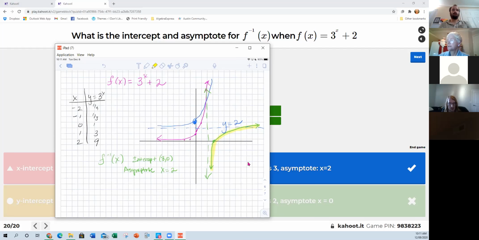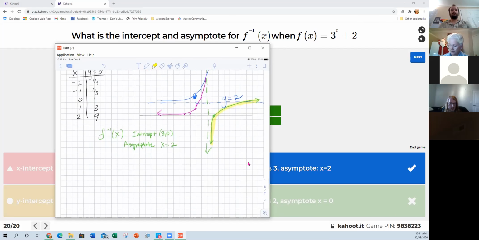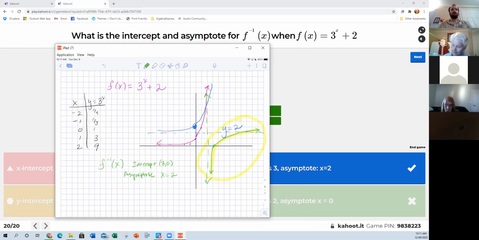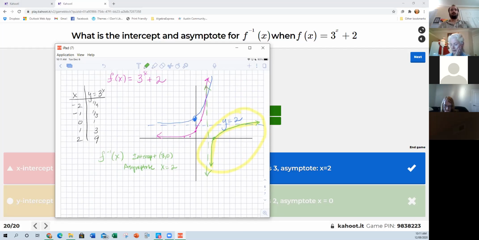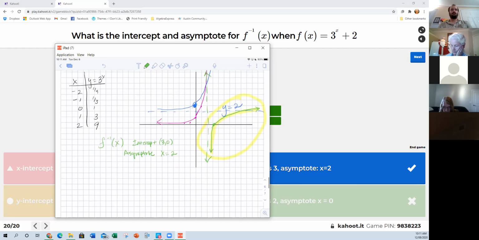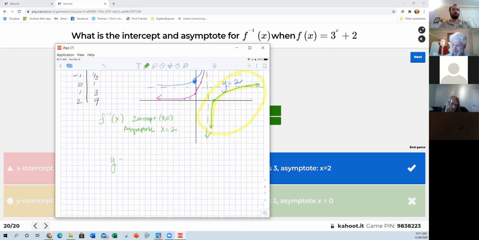Also, I have a little bonus question on here where I'll ask you, can you write the equation of this function? What do you think you would do to be able to write the inverse equation? If the original function is this, how would you find the inverse function?